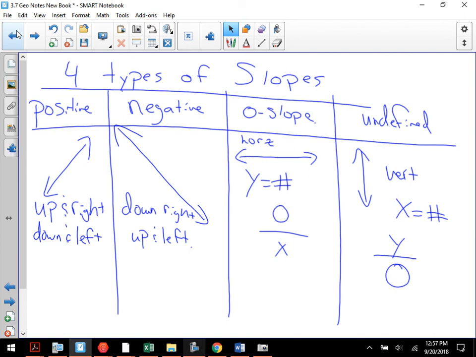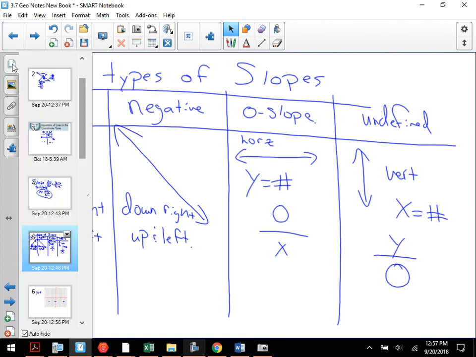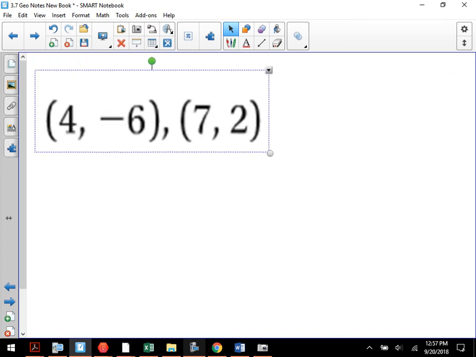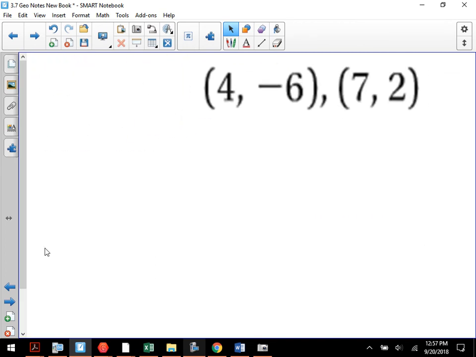Okay? Now, when you're finding slopes, remember, you're just basically filling in the blanks to the equation for doing so. For example, if I wanted to find the slope between these 2 points, and obviously for the first few days of doing this stuff, I really want you guys to make sure you write out a couple of things so that we are not going to screw something up. We know that we have an ordered pair of 4, -6, and then 7 and 2.